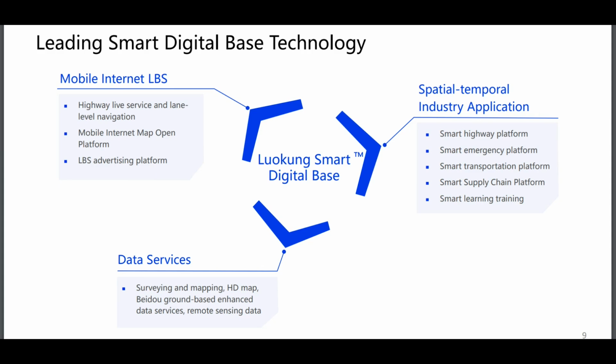Like you can see, they already formed such a project, Luokung Smart Digital Base, which will be providing mobile internet LBS solutions, spatial temporal industry applications, and data services. So you just get into this one base technology solution and you can get a complete package for your whole environment. And that's amazing, guys.